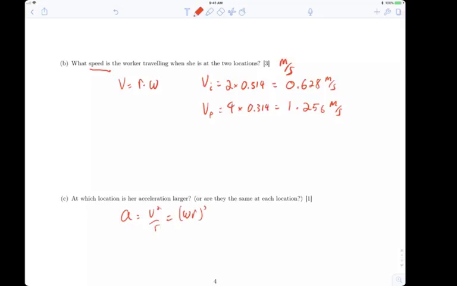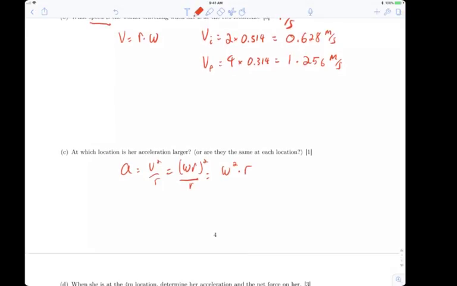Omega R squared over R. So it's omega squared times R. We can calculate this if you want. This acceleration initially and finally. Initially, it's going to be 0.628 all squared divided by 2, and finally it's going to be 1.256 squared divided by 4.